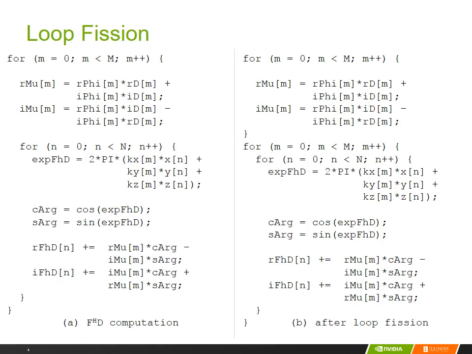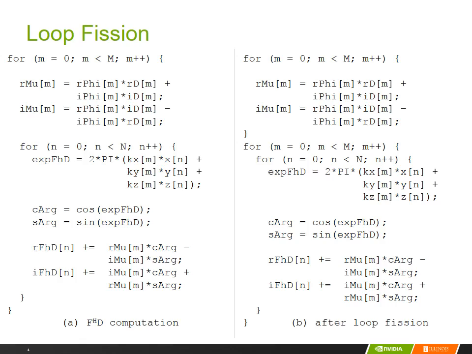So in this particular code, the assignment of RMU and IMU to the M element cannot depend on the execution result of the inner loop from a previous outer loop iteration. In this case, because we don't change any of the R, phi, and RD values, we know that the first two statements in a particular outer loop iteration will not depend on the execution result of the inner for loop from a previous iteration of the outer loop. That's why we can do this transformation.